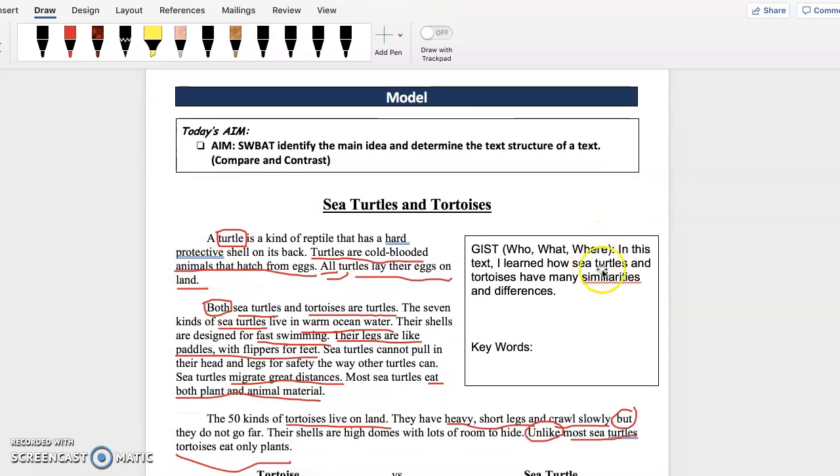All right. So let's pick out the keywords, guys, for our text. We have keywords such as turtle, right? We have all. We have both. We have but, and we have unlike. All of these keywords tell us how they are the same and how they're different.